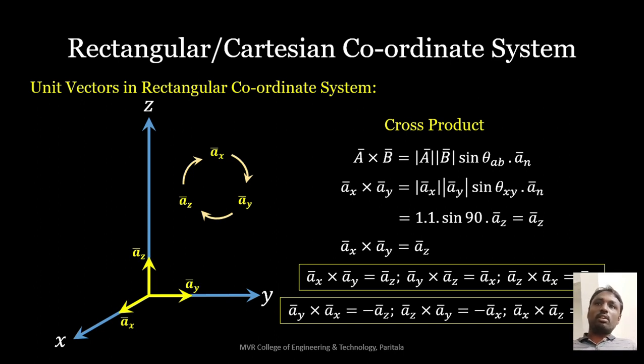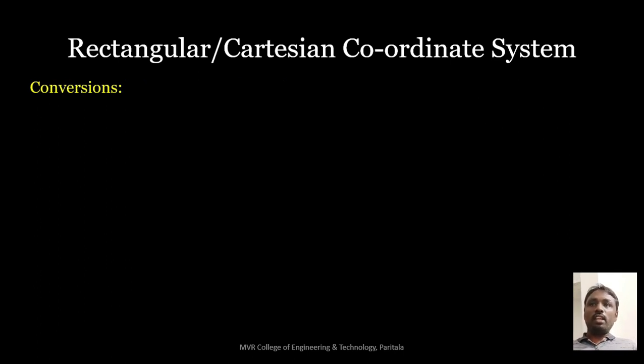So what is the next one? We need to identify conversion. How can we convert? Conversion means, if you know two coordinate systems, one is the rectangular coordinate system and the other is the cylindrical coordinate system. If you know the variables here are x, y, z, there will be some other three variables.